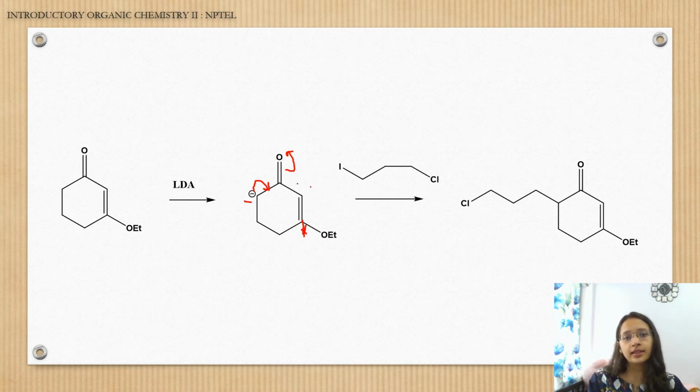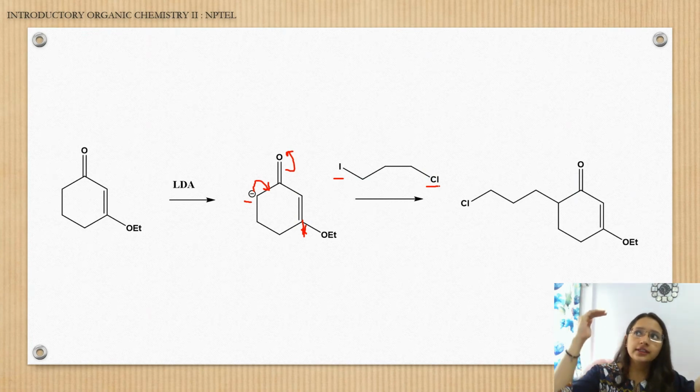And now the main question comes. Just tell me, is iodide a good leaving group, or is chloride a good leaving group? Iodine is a good leaving group, no? Very good. So iodide is a good leaving group. How? Going down the group, chlorine, bromine, iodine, the size is getting increased, right?